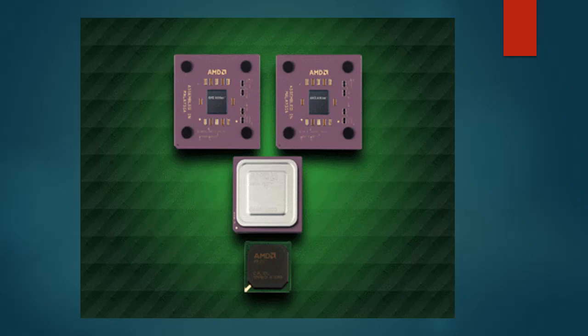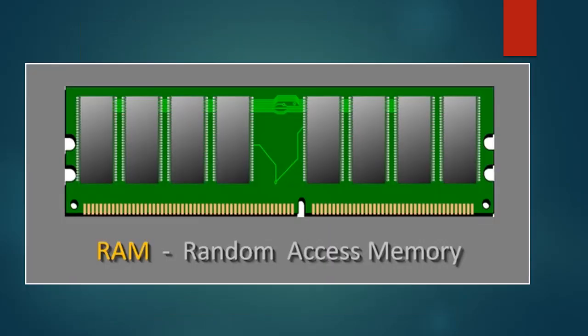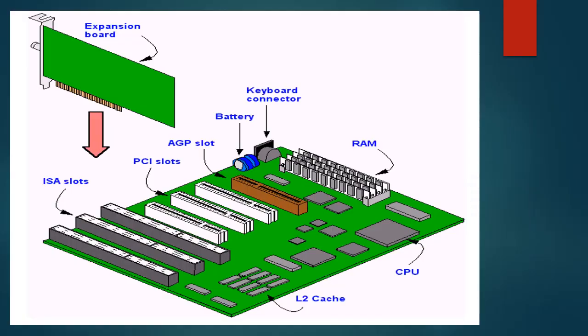There is a memory slot, and this is where the primary memory DIMM modules known as RAM are inserted. There are also the bus slots or expansion slots, and these are used to install various components to add more capabilities to a computer, such as a video card, sound card, network card, and so on.